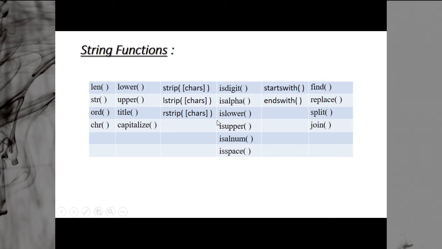Is alpha, if all the characters of the string are alphabets, then it is true. If all the characters are in lowercase, then it is true. If all the characters are in uppercase, then it is true. If all the characters are either alphabets or numbers, that is digits, then it is true. If it is having just blank space only, nothing else, then it is true. Right? So this is applicable to all the characters.